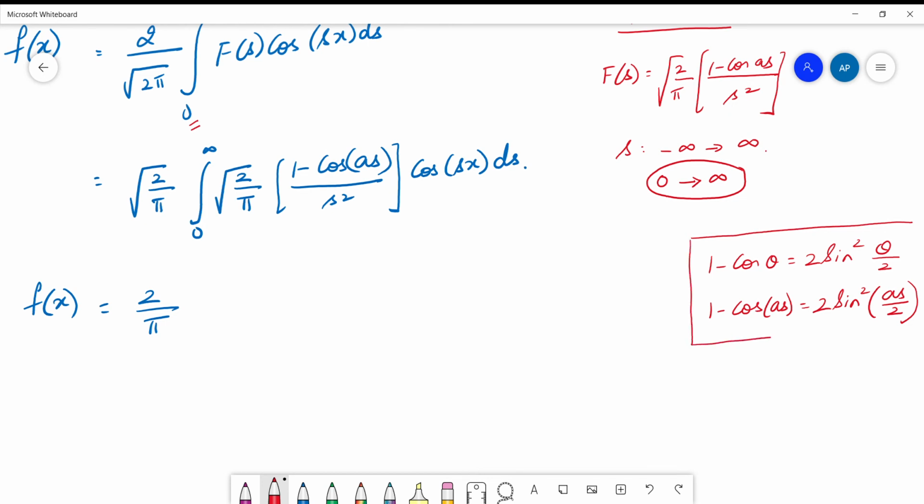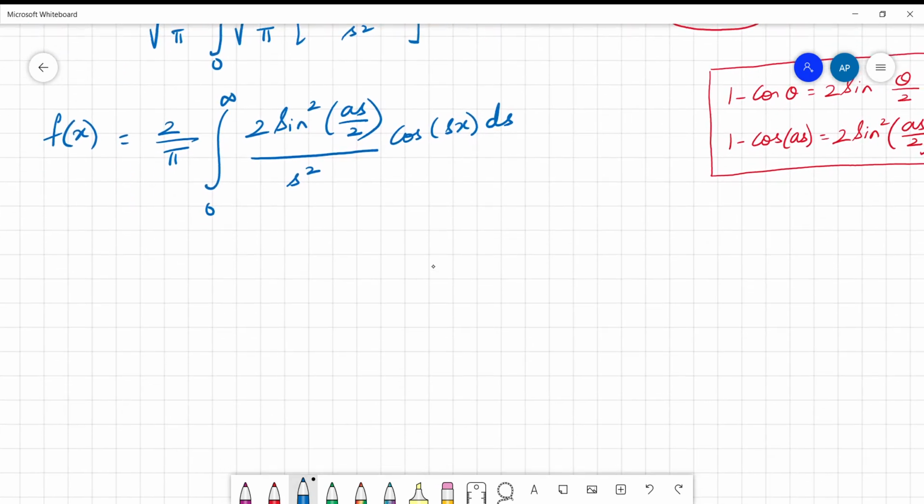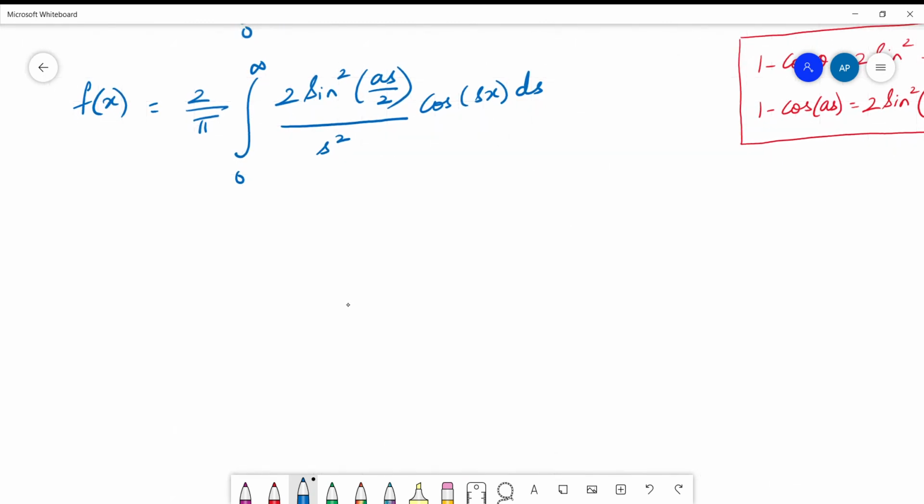So let me rewrite this formula there. I have taken out the constant. Now look at what happens. It is 0 to infinity, 1 minus cos as becomes 2 sine square as by 2 divided by s square, cos of sx ds. Right? Now this 2 could also be taken out so that we could merge it and get it as 4 by pi, and then see what we have to do next.